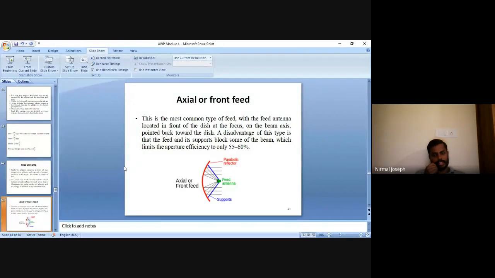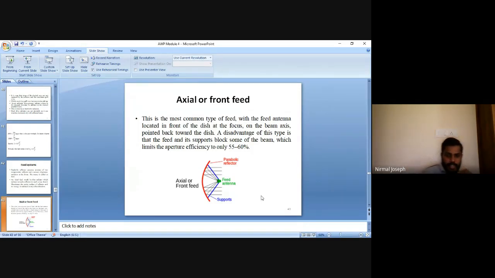This is the basic, general case. The feed antenna will be located in front of the dish, that is the parabola, at the focus on the beam axis, pointed back towards the dish so that it radiates into the dish only.